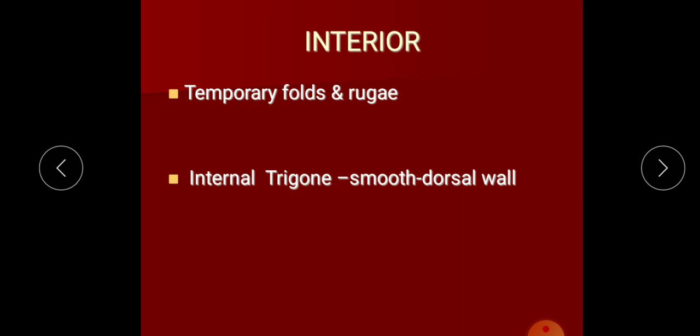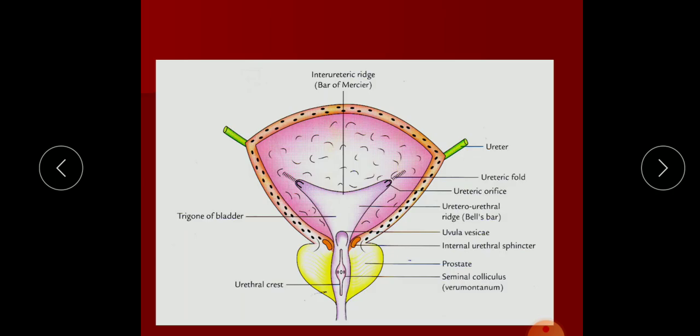I've already mentioned trigone in the earlier session. Remember that close to the base of the bladder there was an external trigone, and in relation to the interior you find a smooth region in the posterior wall termed the internal trigone. So this is the view of the internal trigone.